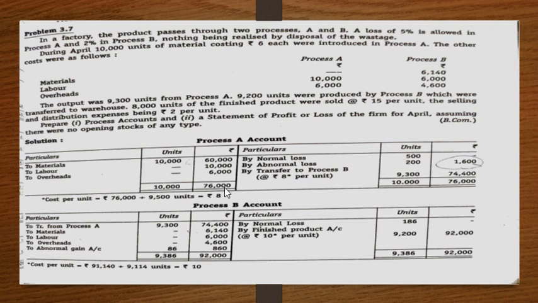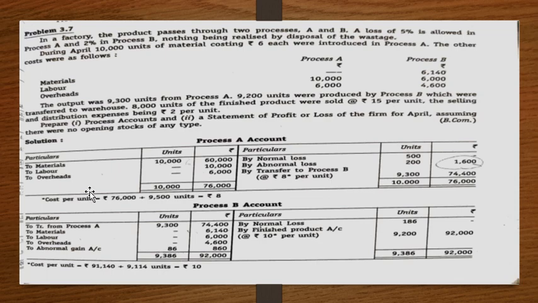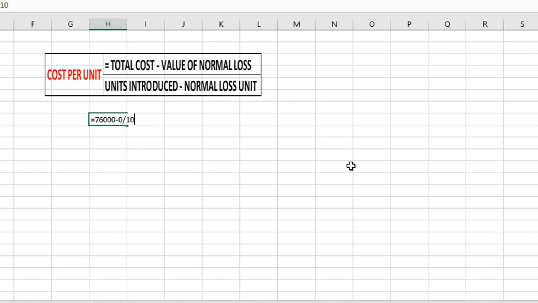So 76,000 is the total cost, is equal to 76,000 minus value of normal loss, which is not given in the problem, so 0, divided by units introduced. Units introduced is 10,000 units, and how much is your normal loss units? 500. So divided by 10,000 minus 500.